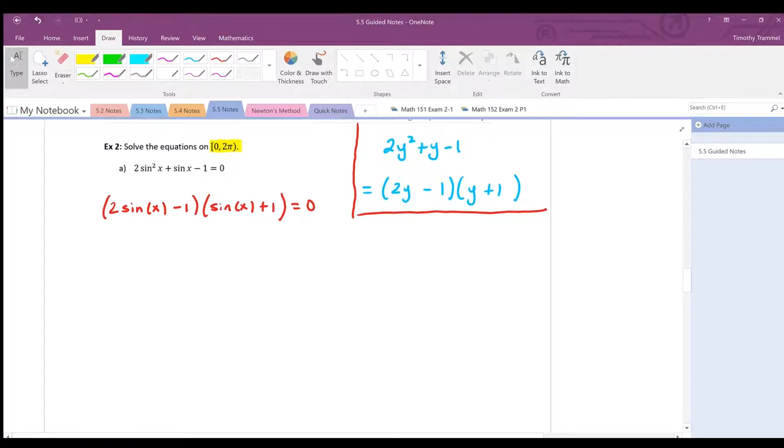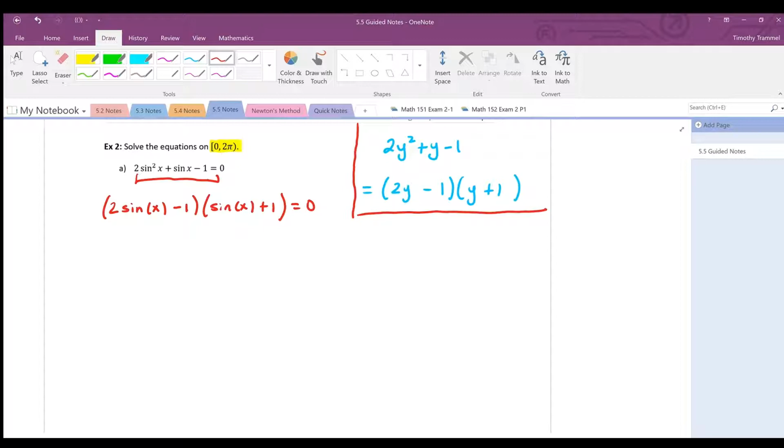Now, you might be wondering, why did we even factor here? We factored because at the moment, looking at this equation, there was no way we could think of isolating our trig function because we had 2 of them and one's squared and one's not. So how are we going to isolate sine in that kind of situation?